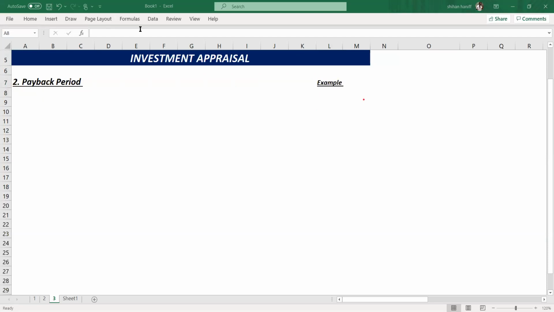So what is payback period? Let's say now I have 100,000 rupees. My investment is 100,000 rupees. Or I'm going to buy a machinery.